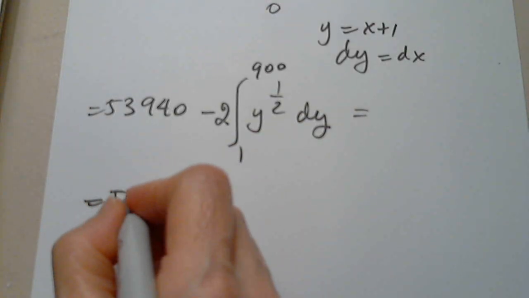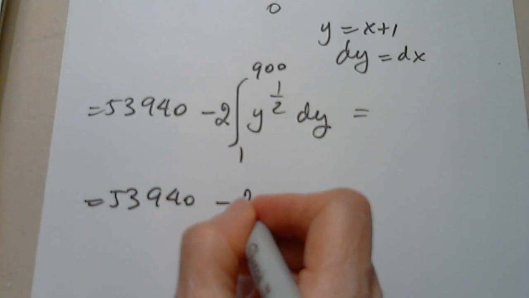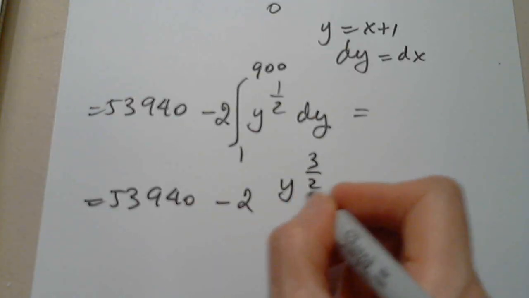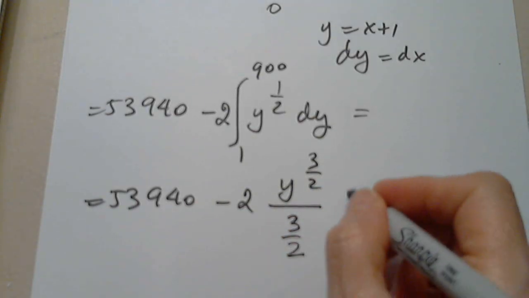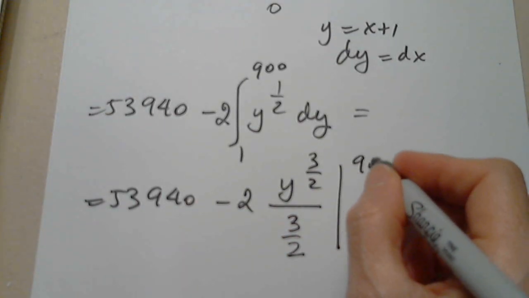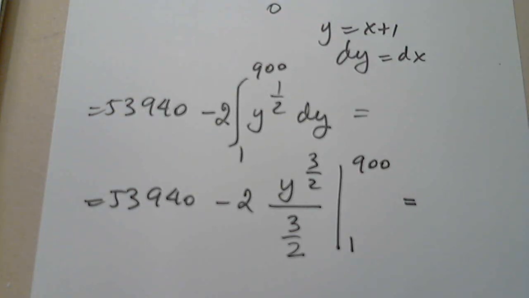Good. So 53,940 minus 2 times y to 3/2 over 3/2 from 1 to 900. Okay, let's stop for a second and let's see if we have questions before we continue.